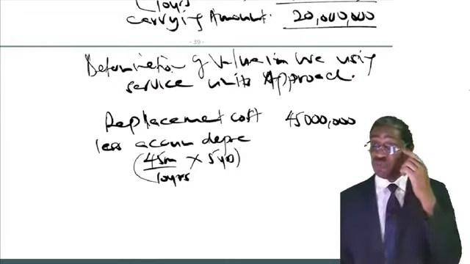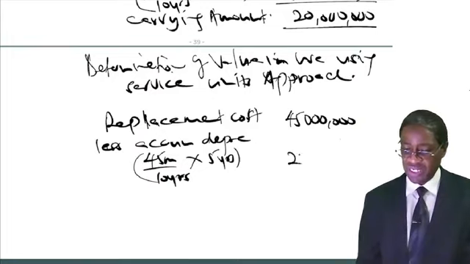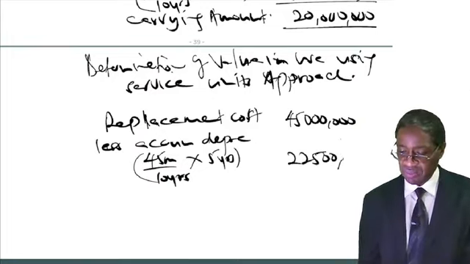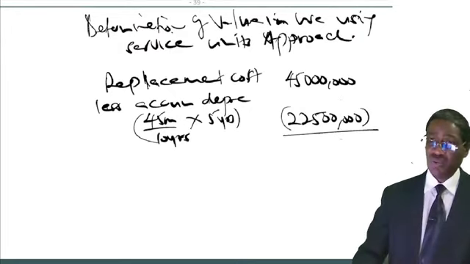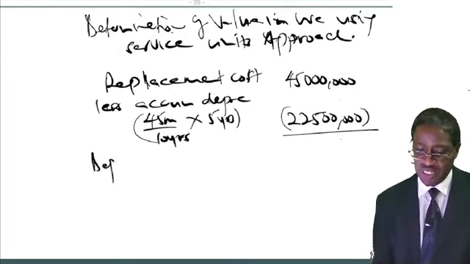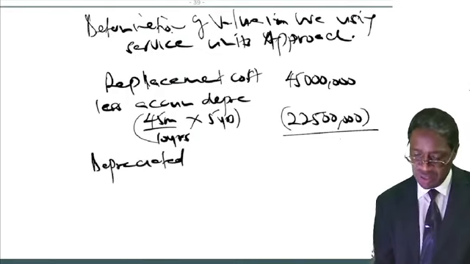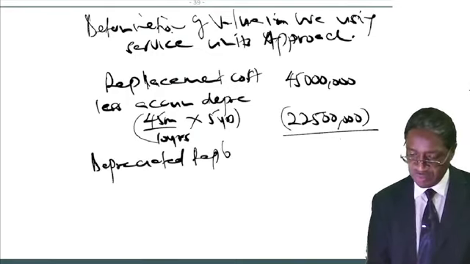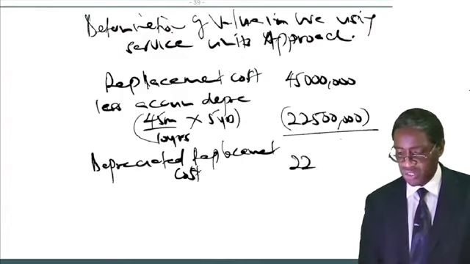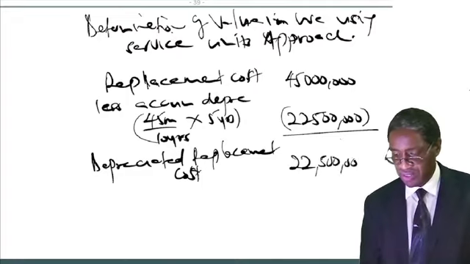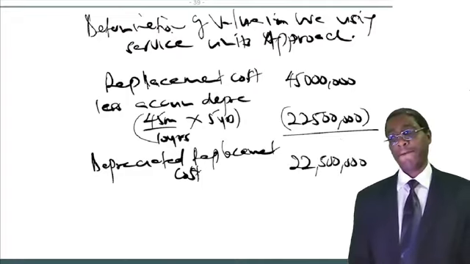Half of 45 is 22,500. That leaves me with what we are calling the depreciated replacement cost of another 22,500. Are you there? Hope so.